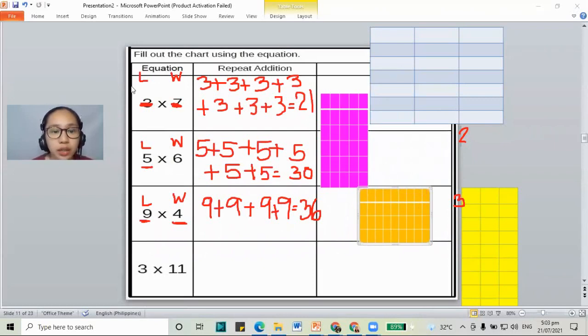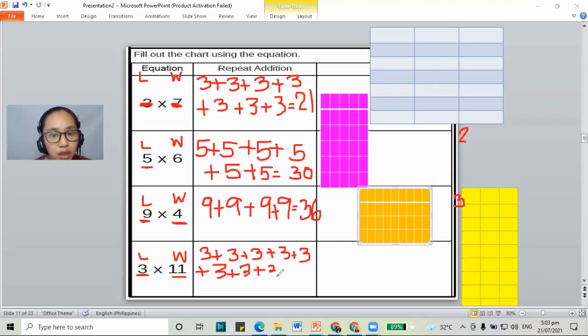And the last one, we have 3 times 11. Length times width. You have 3 and 11. The rows, there's 3. The width is 11. So let's add 3 11 times. 1, 2, 3, 4, 5, 6, 7, 8, 9, 10, 11.